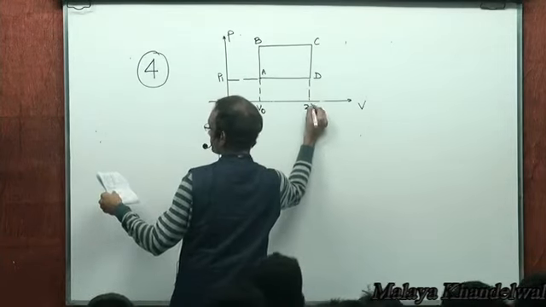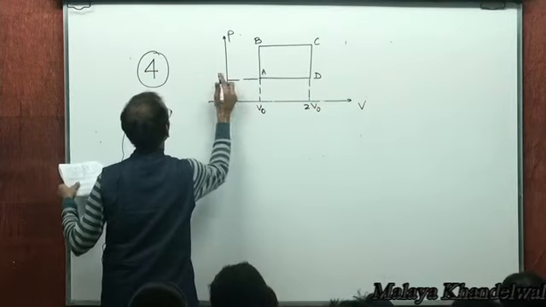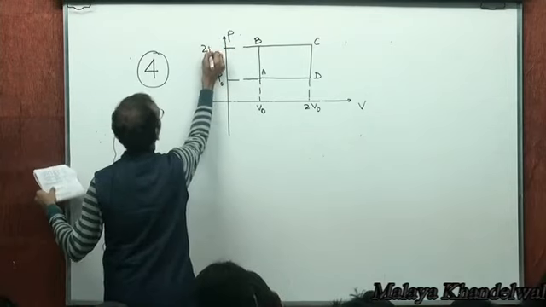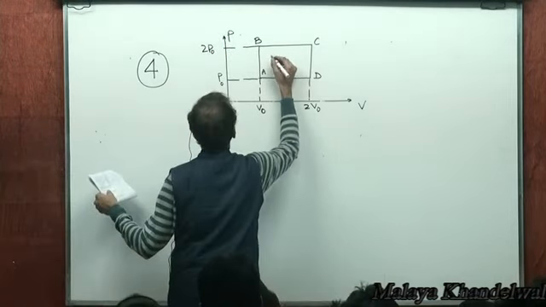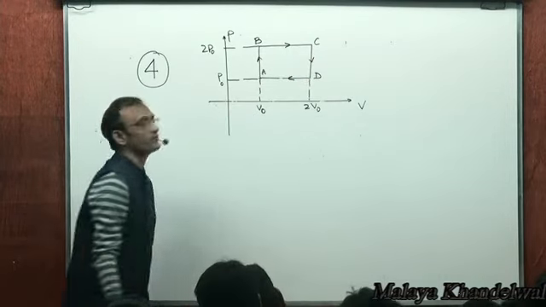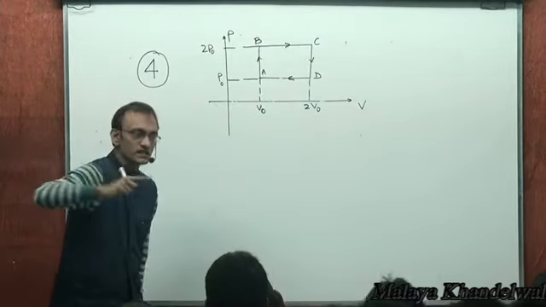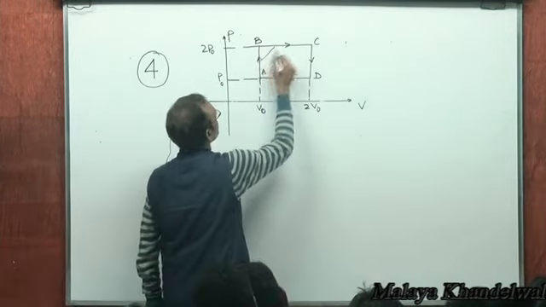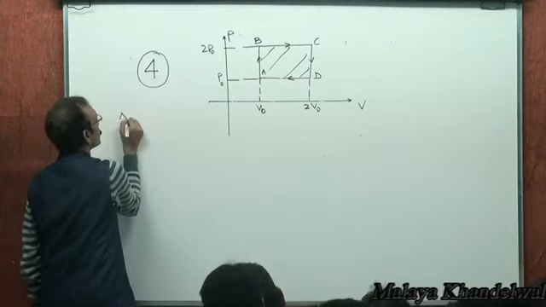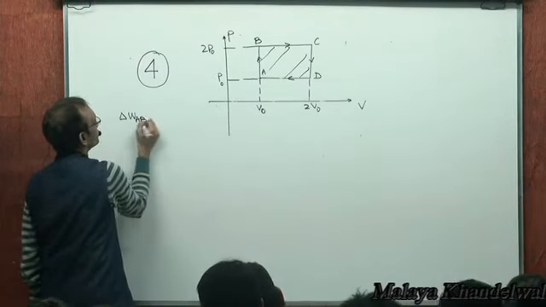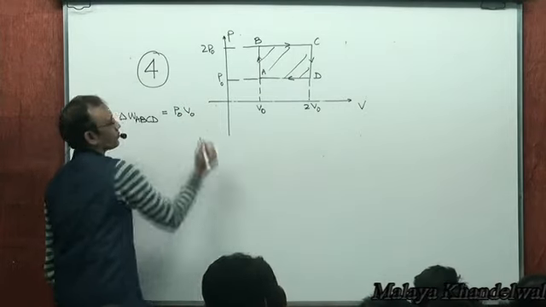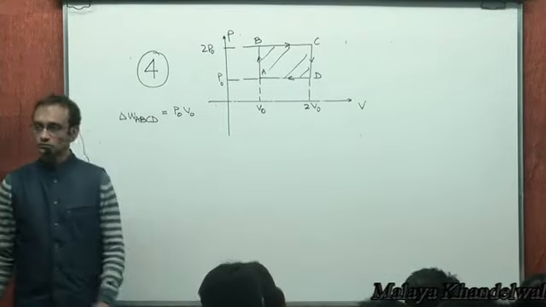And this is 2 V naught? This is P naught. This is 2 P naught. So we have a cycle like this, A, B, C, D. Pressure volume, clockwise execution of the cycle, the work done would be simply this area, right? So the work done in ABCD during the cycle would be the area of the shaded rectangle, P naught, V naught, right?